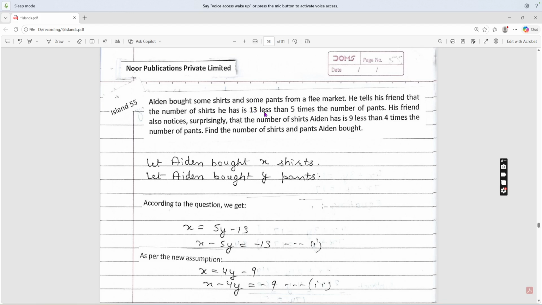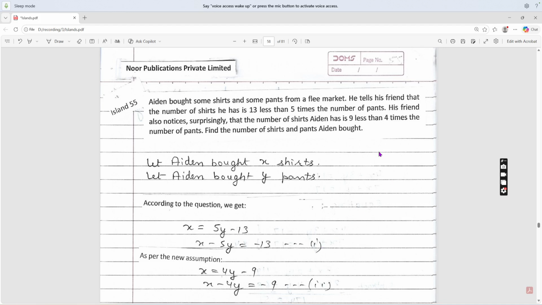It is written 13 less, means minus 13, then 5 times the number of pants. 5 into number of pants. What is the number of pants here? y. What is 5 times the number of pants? 5y. 5y minus 13. Simple. So this can be written as x minus 5y is equal to minus 13. It is equation 1.